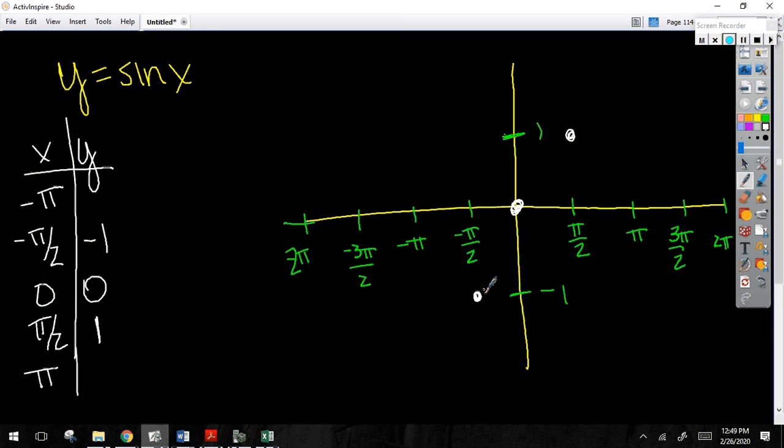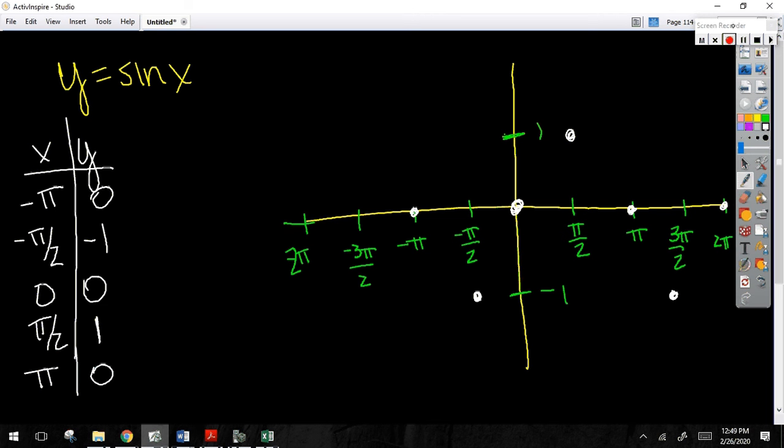All right. The next, at the pi's, it bounces back to 0. And this is the pattern it's going to repeat as we go. So if you look at what it's doing, start over here. 0, -1, 0, 1. 0, what do you think this one's going to be? -1. What is 2 pi going to be? 0. It's a squiggly line.